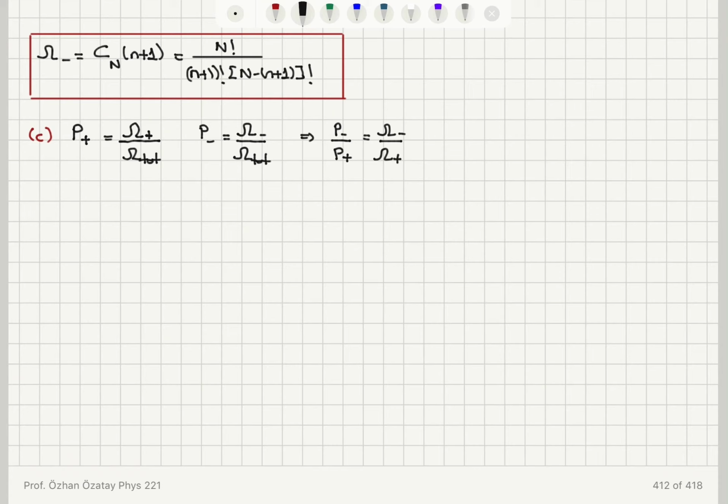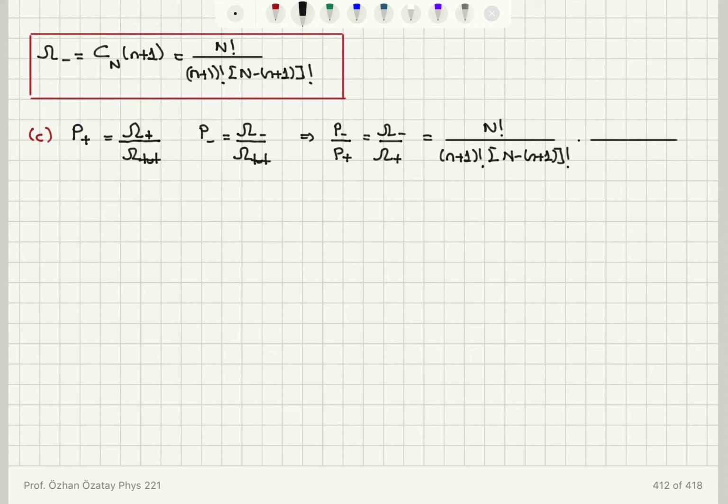So this will be equal to, for omega minus, I had capital N factorial divided by (n plus 1) factorial times (capital N minus (n plus 1)) factorial. And for omega plus, I had capital N factorial.